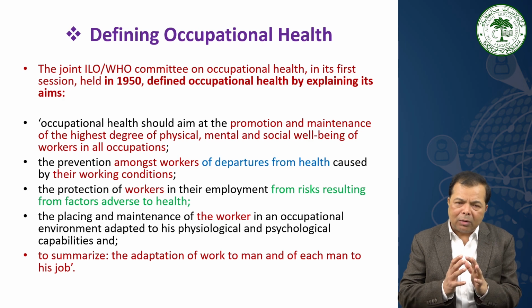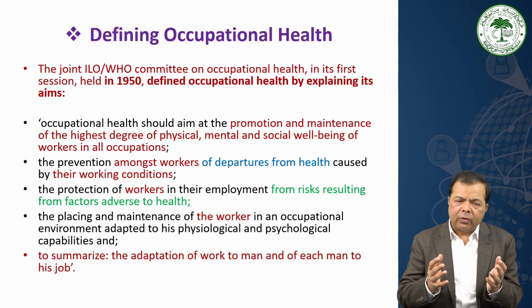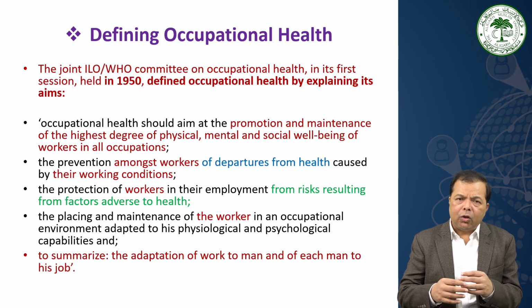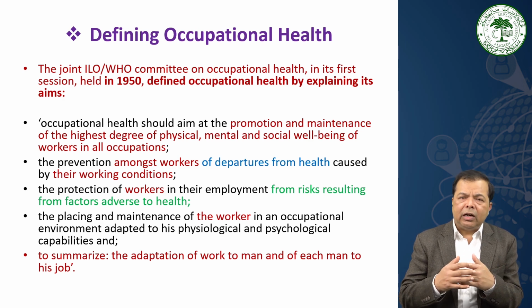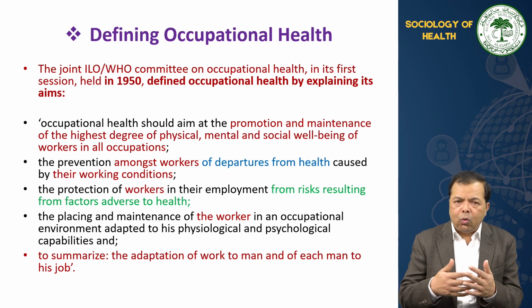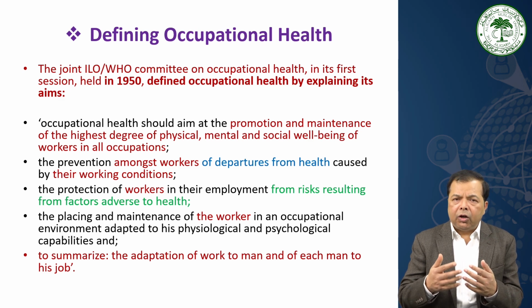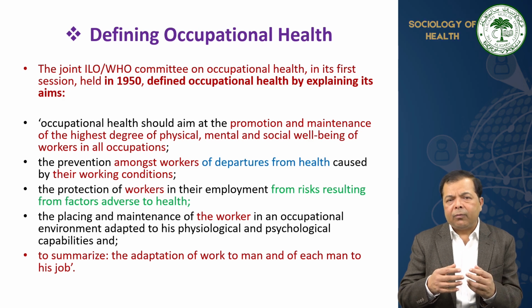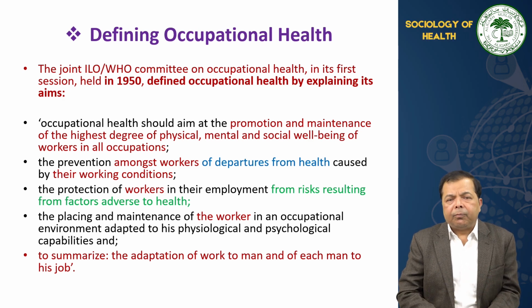So basically, when we talk about occupational health, we try to locate the individual in the larger environment of work. Now, the question is whether the individual is required to fit into the larger environment, or the larger environment should be made as per the requirements of human beings for their comfortable and healthy stay, so that they can work in a healthy environment.